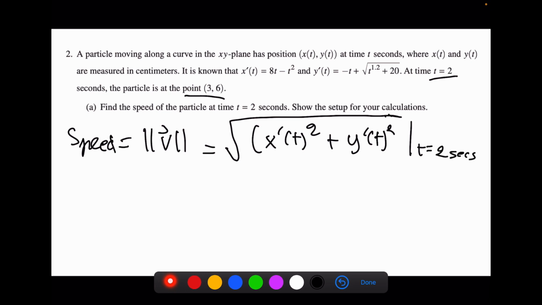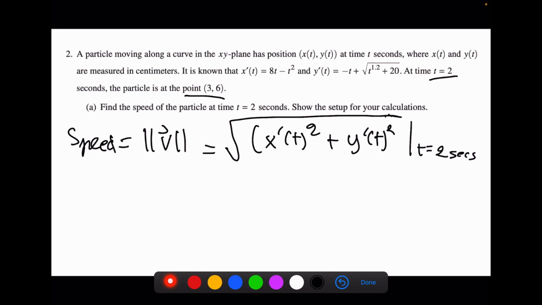So I would do this as my setup, and then all I would do is plug that into my calculator, because this is a calculator active question. I went in and plugged the equations into my functions, so that it's easier to do the calculations with. So we have x prime of t squared plus y prime of t squared, and we want to evaluate this at t equals 2.